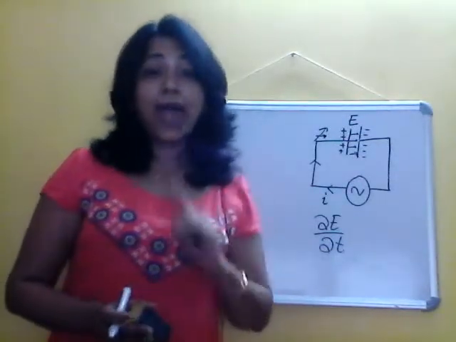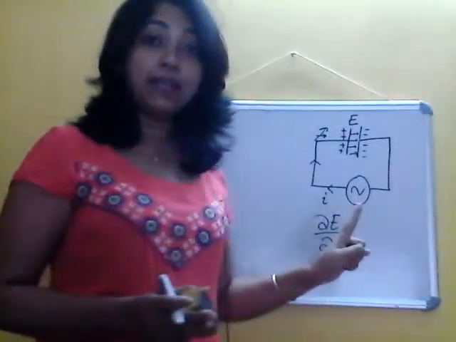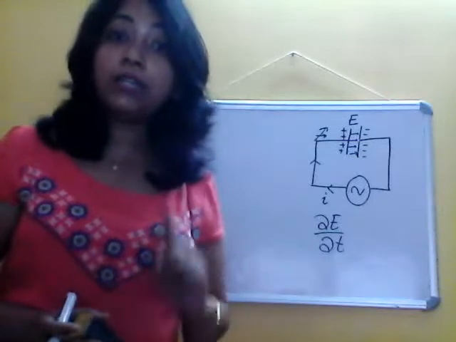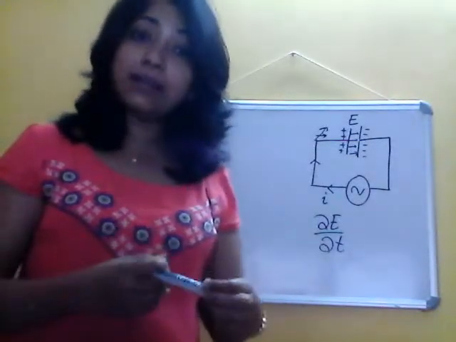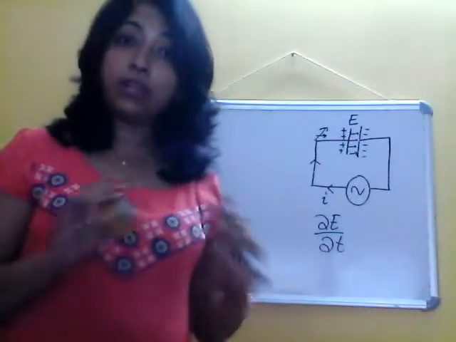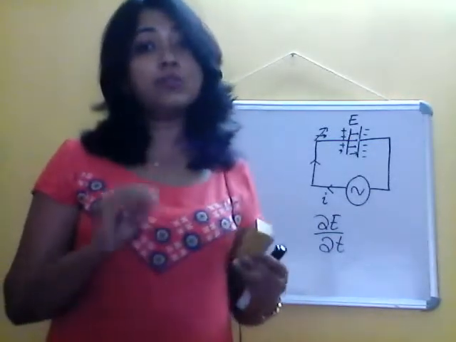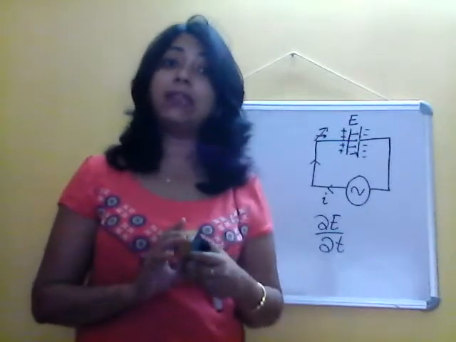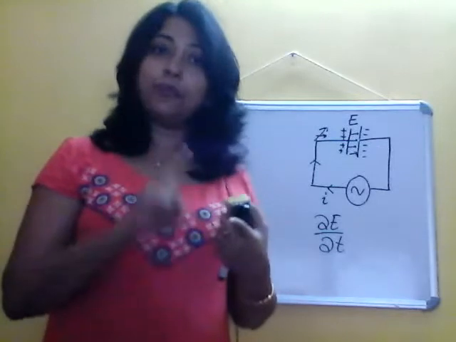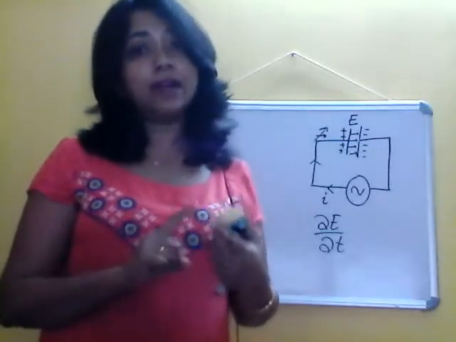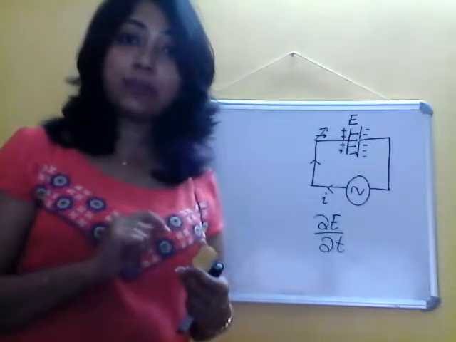Fine. Now, as per Maxwell, this changing electric field causes a new type of current. He argued that current produces magnetic field, very good, but the belief that this current is only produced by moving charges may not be completely true. He said that if moving charges can create current, there is another possibility as well. And what is that possibility?